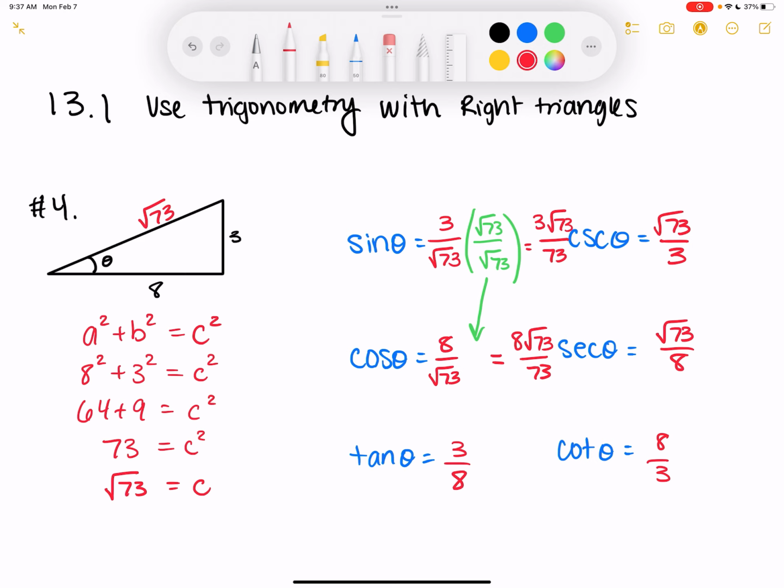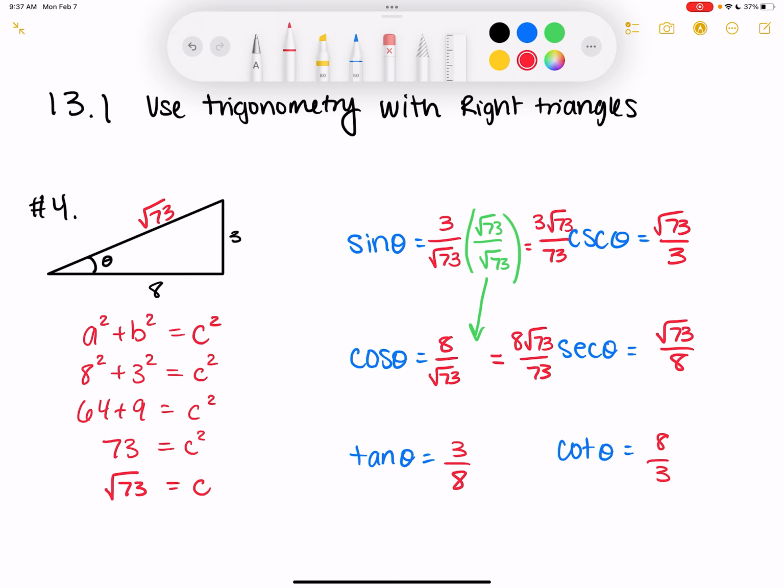Now, there's always one student who decides that when they do cosecant, they want to start with sine being 3 root 73 over 73 and flip that, and then they have to do all the extra work of getting the radical off the bottom, canceling things out. Use what you start with, and it makes your life easier.